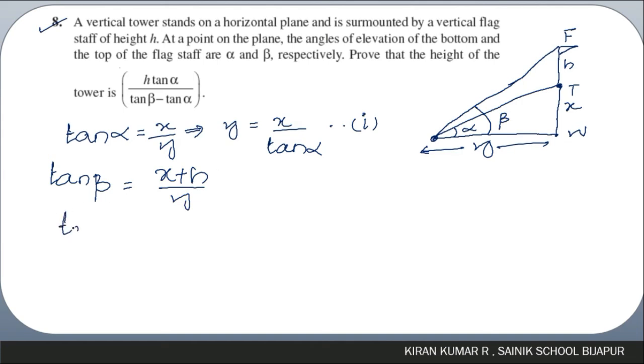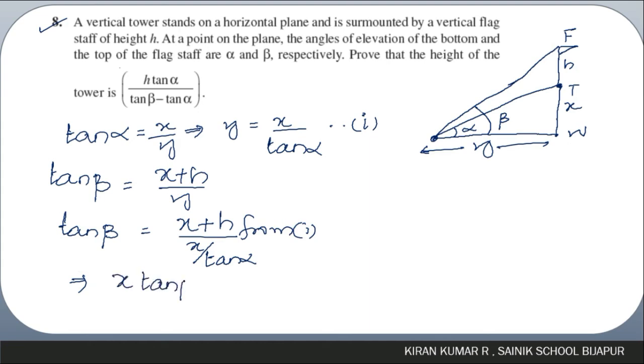Now I will replace y with x by tan alpha, from 1. On cross multiplying, I'll be getting x times tan beta upon tan alpha equal to x plus h.